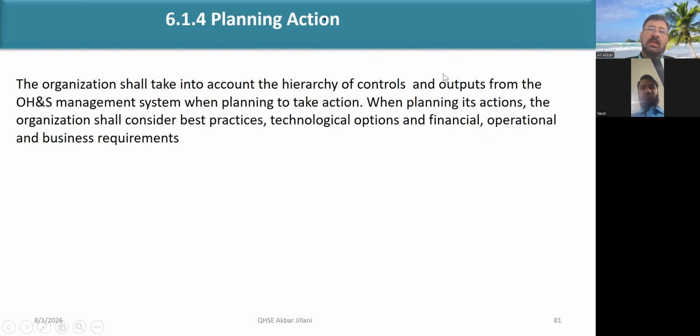Now, the organization shall take into account, which means to consider the hierarchy of control and output from the OHS management system when planning to take action. When planning its action, the organization shall consider best practices, technological options, and financial and business requirements.